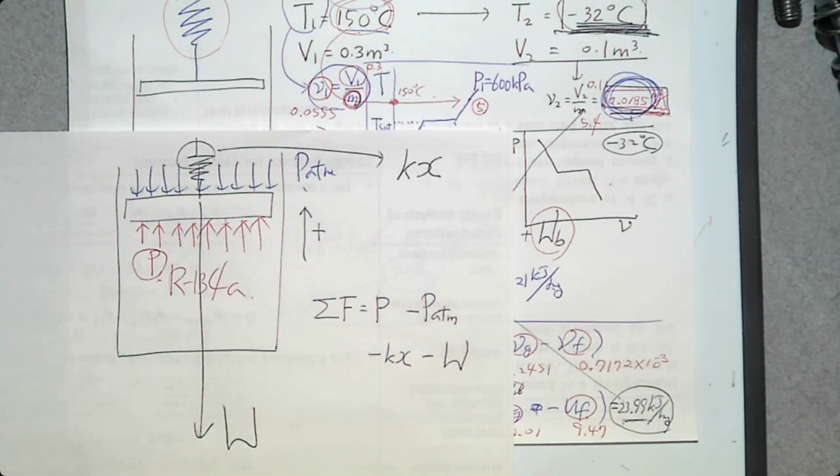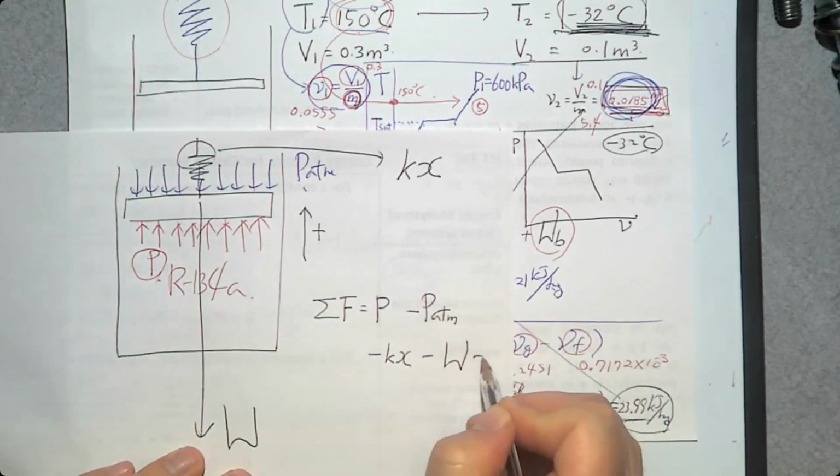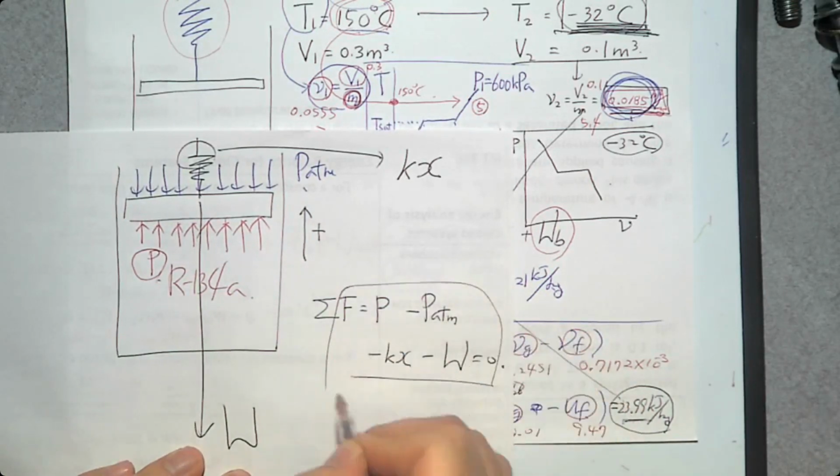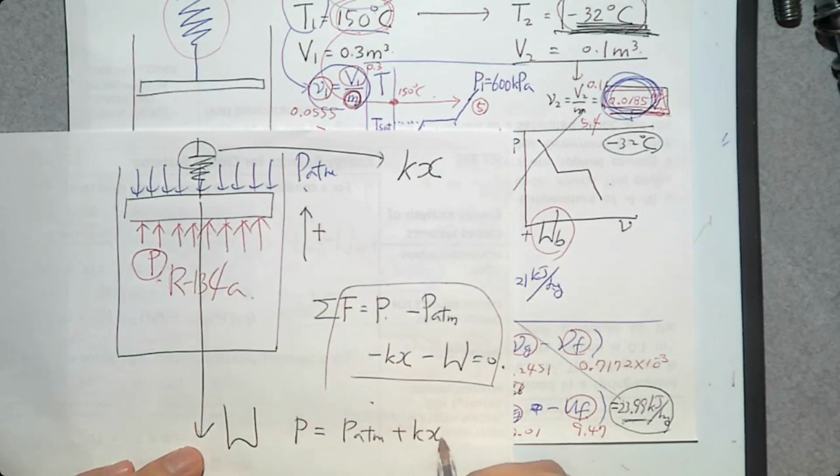Positive, going up. Negative, going down. So when it stays there after this cooling process, what is the sum of forces? 0. So this should be 0. So if you write pressure, P is PATM plus KX plus W.